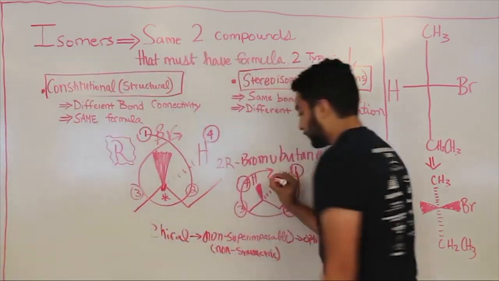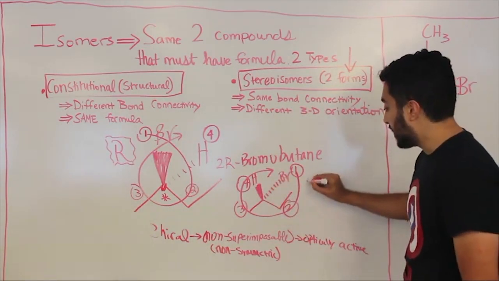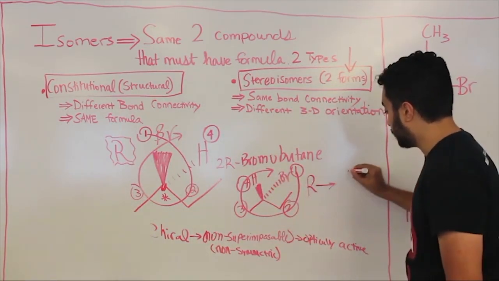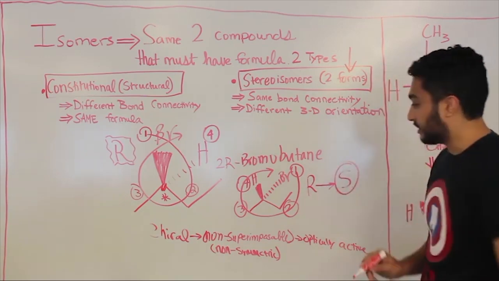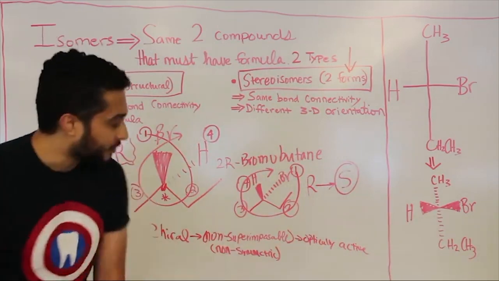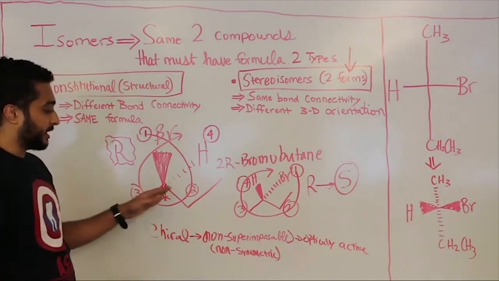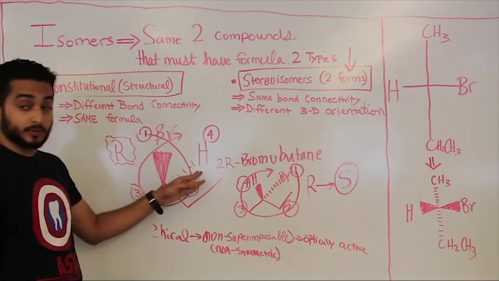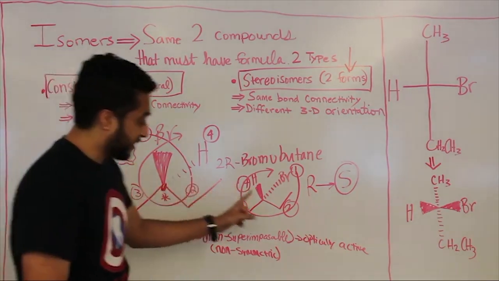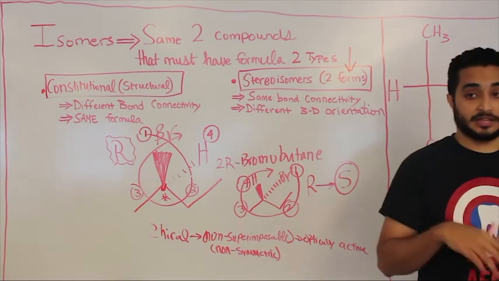So since we know this fourth priority, the hydrogen, is on a wedge, we take that R and we invert it. So then it changes to S. So the important thing is you want to first prioritize them and make sure that your fourth priority is on the dash. If it's not on the dash, then you flip that orientation, what it seems like it is.